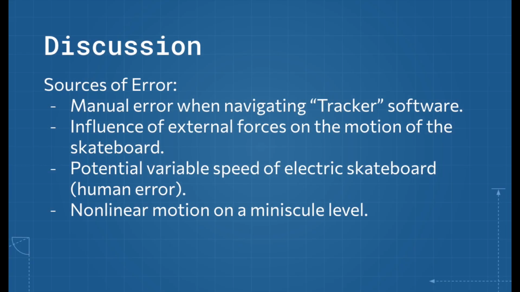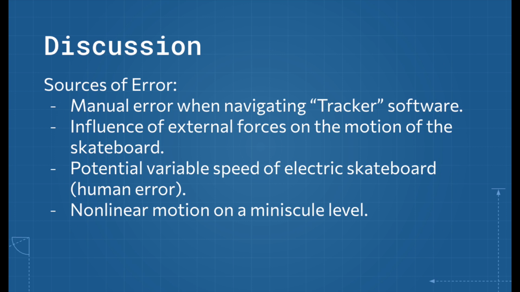Possible sources of error are as follows. One is the manual error that was generated when I was tracking the electric skateboard's position using the software. The next is the influence of external forces on the motion of the skateboard. Obviously, the net force is not perfectly equal to zero due to friction, but we negated that for simplicity's sake.